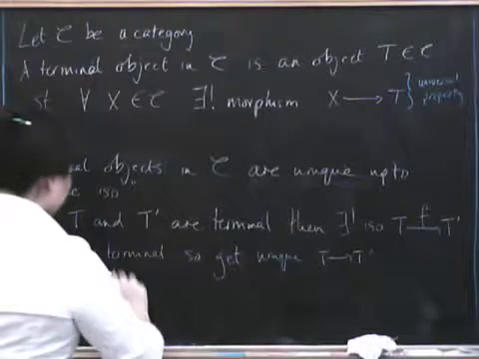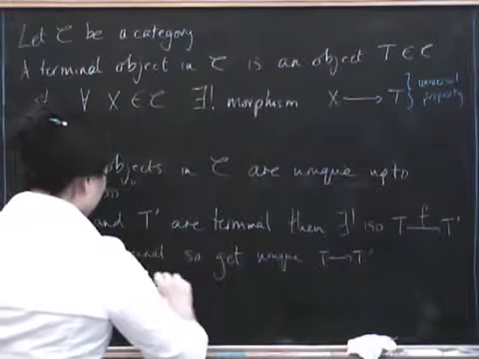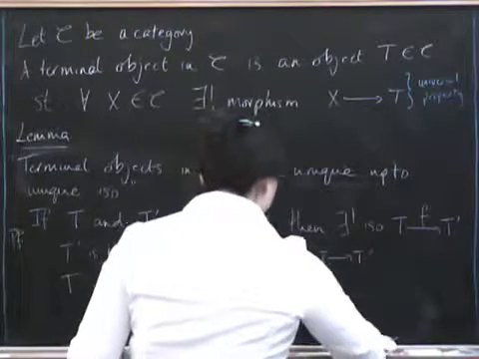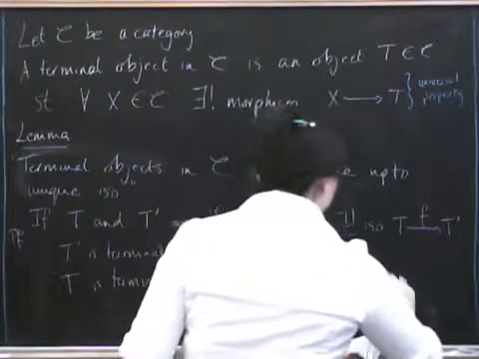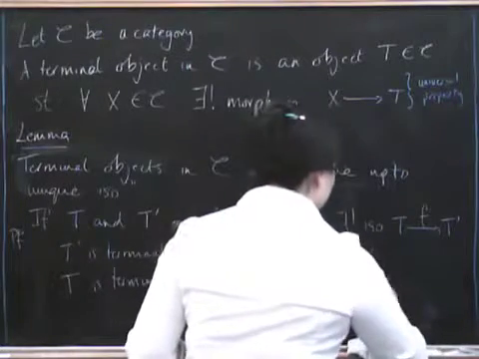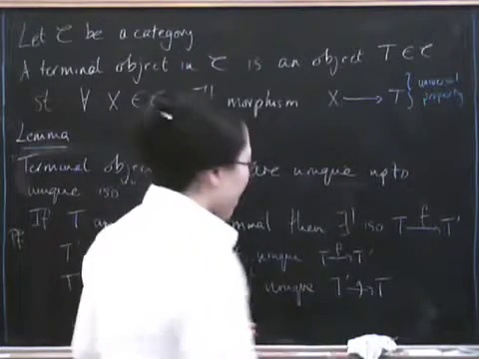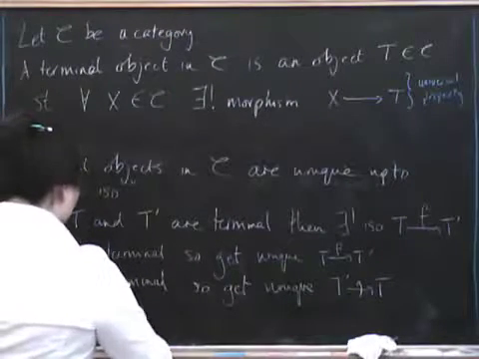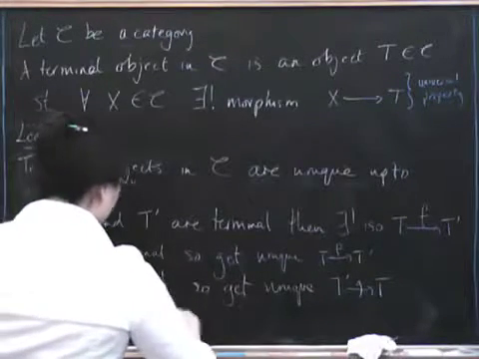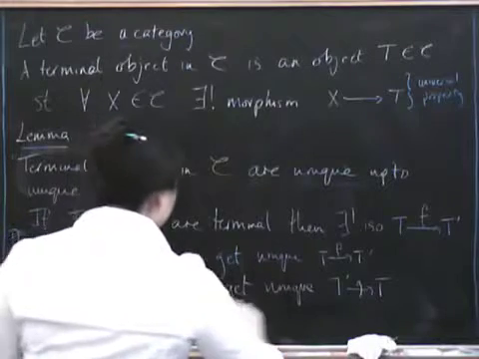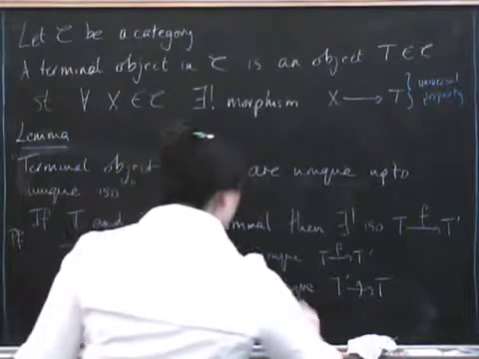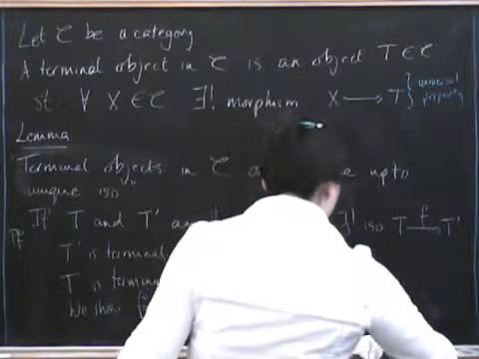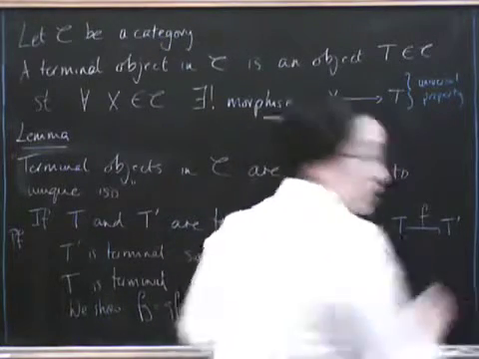T is terminal, so we get a unique map T prime to T. Let's call that F and G. And finally, we can show that FG equals GF equals 1 since T and T prime are terminal. I have to stop.